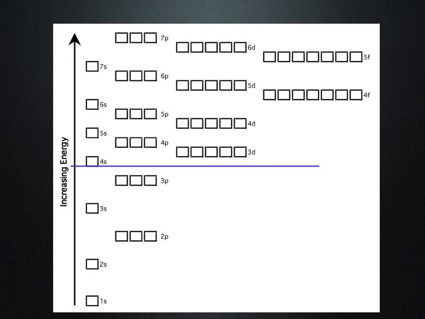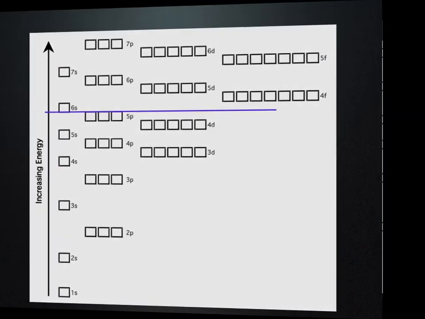Here's the bit where you need to see if we increase that energy. Because those sublevels are stacked, 4s actually is going to fill before the 3d fills. Then we fill the 3d, and then we go back to the fourth energy level with the 4p, but then once again the 5s fills before the 4d, and then the 5p, and then the 6s.